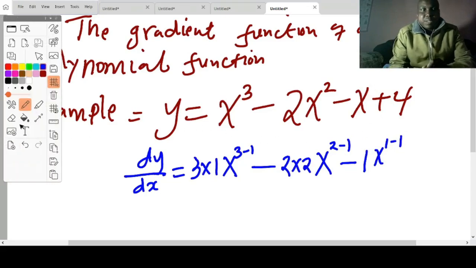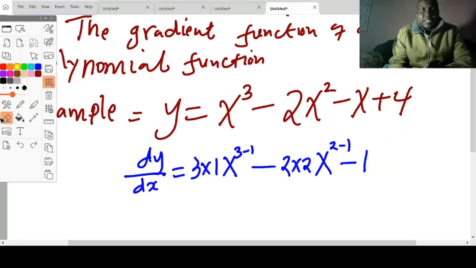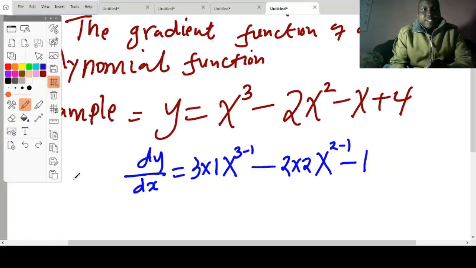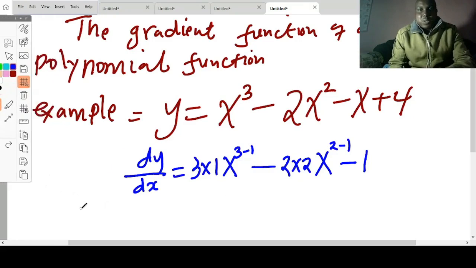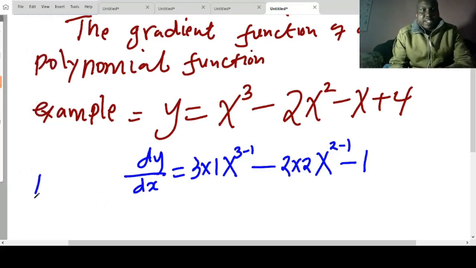I'm changing something because I want to make it very slow and very simple for all of us. There's something I want to mark for you here. If I am given x like that, empty, it means it has power 1. We don't write it there, but mathematically there is a power there, 1. So this 1, there is another 1 here, right?